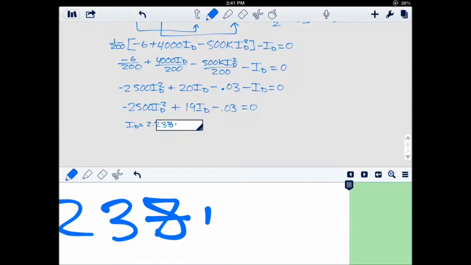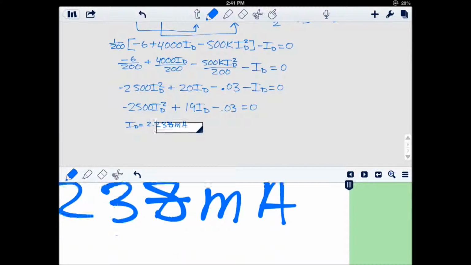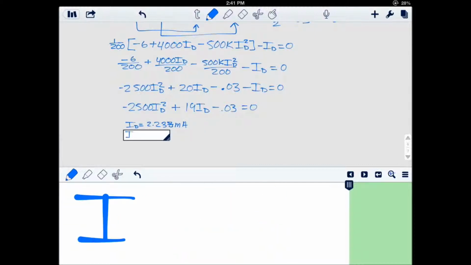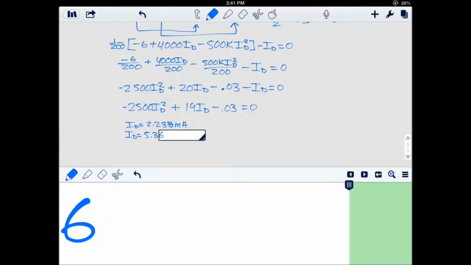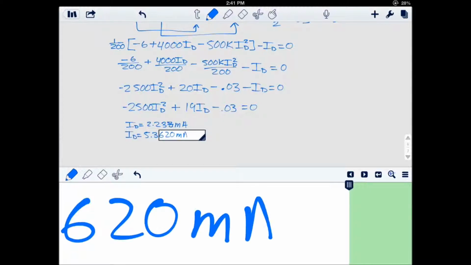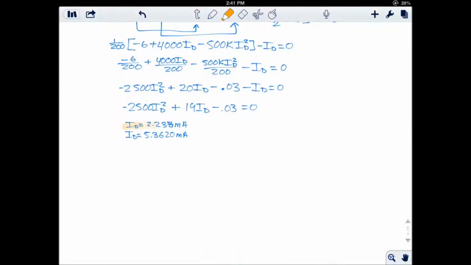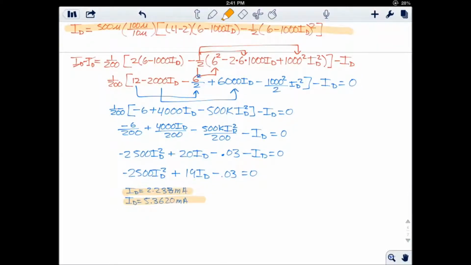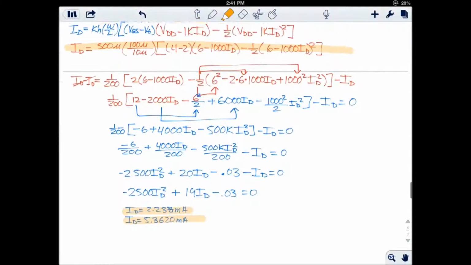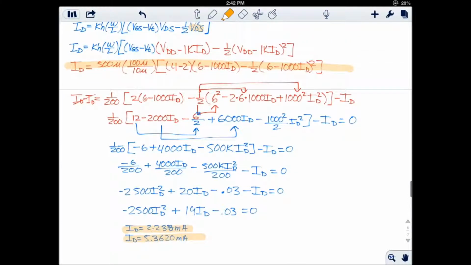So these are the two values that I got. Now, we're almost running out of time. The issue is, which of the currents is it?